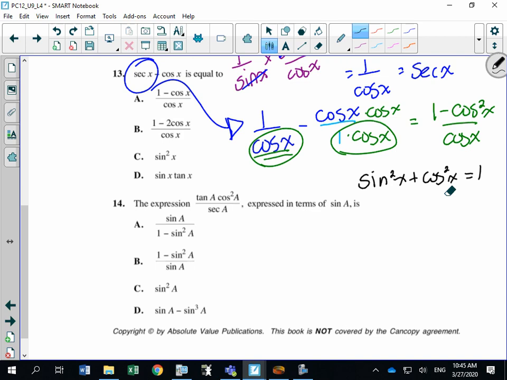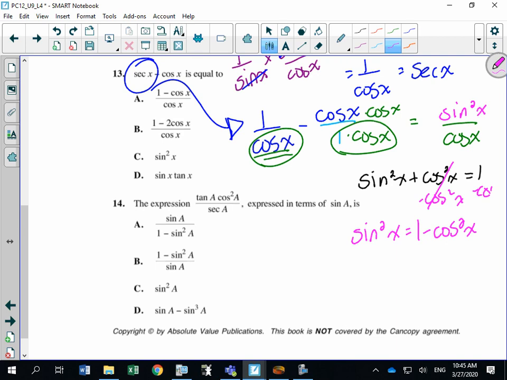So if I subtract cos squared of x from each side, what I would get is sine squared x is equal to 1 minus cos squared of x, and that is an identity, right? So 1 minus cos squared of x could come out. I'm going to take that out, and I'm going to put in sine squared of x.